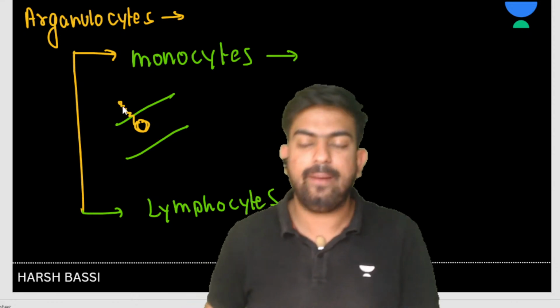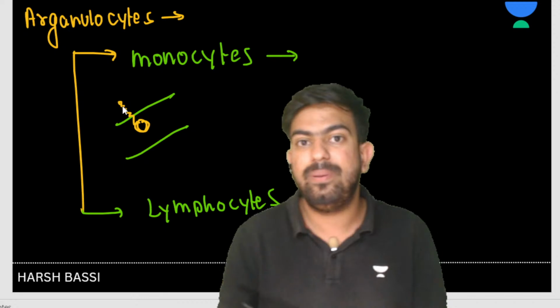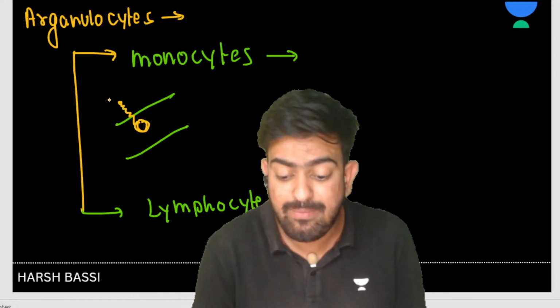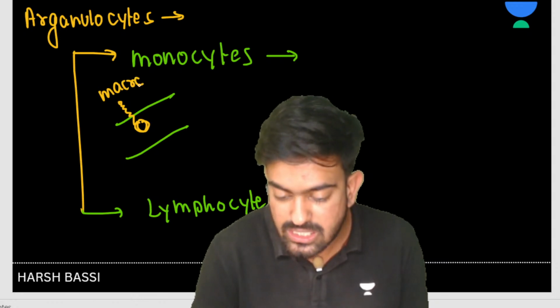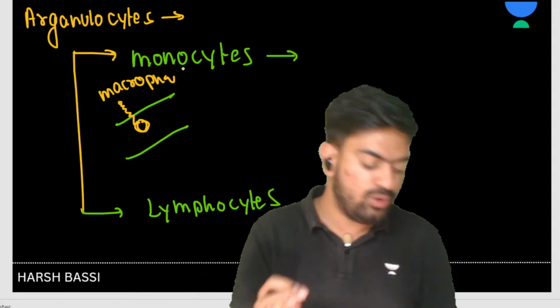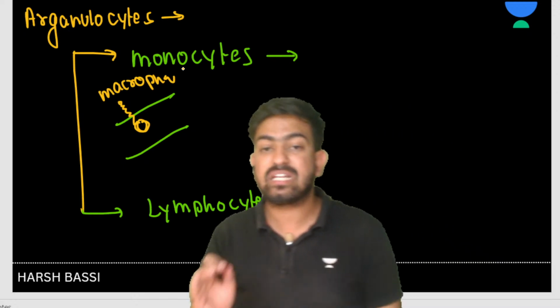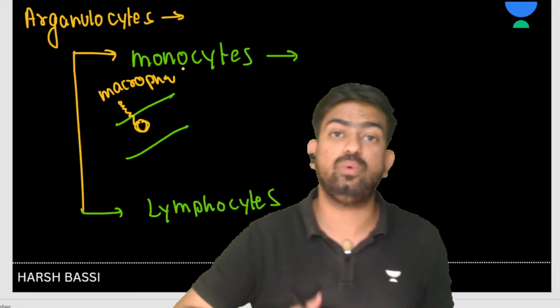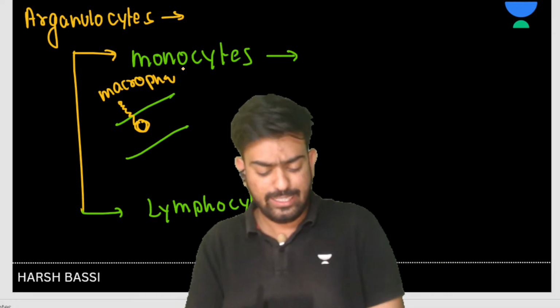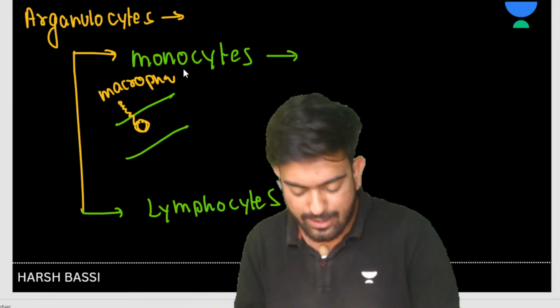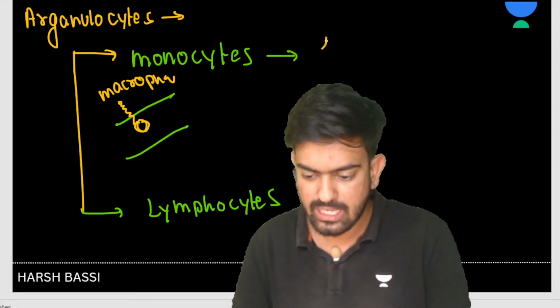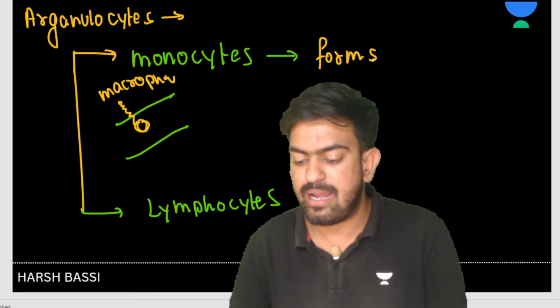The monocyte comes out of the blood vessel towards the cell, or into the tissue fluid, and at that time we say that this is a macrophage. So I can say it forms macrophages.